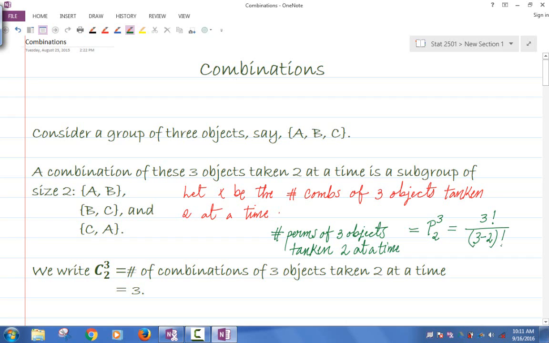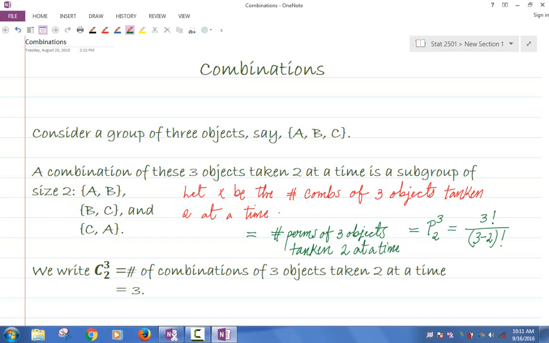But now I want to count the number of permutations of 3 objects taken 2 at a time a little bit differently. How? Remember, I have X subgroups of size 2, right?